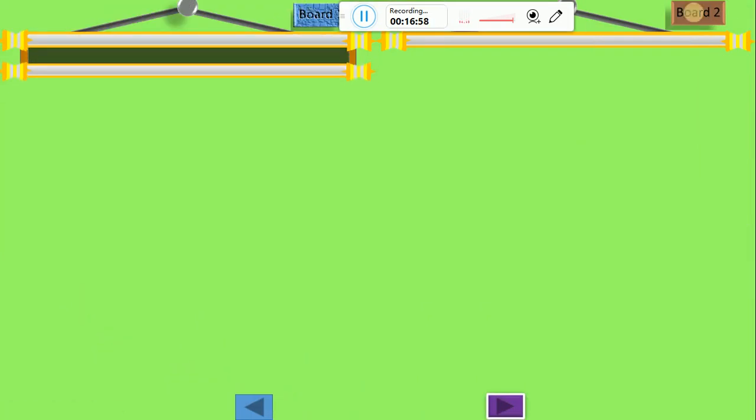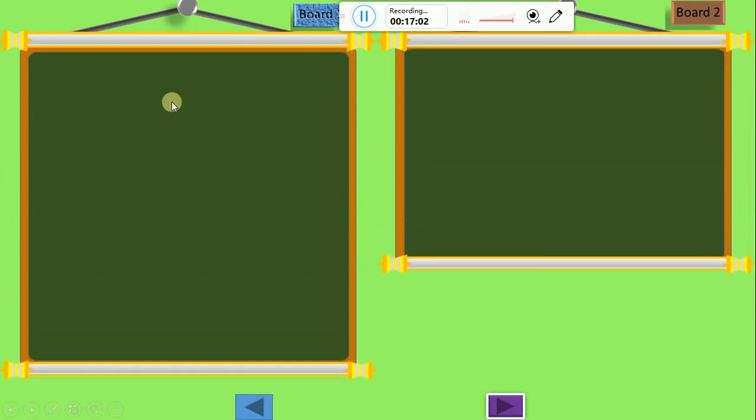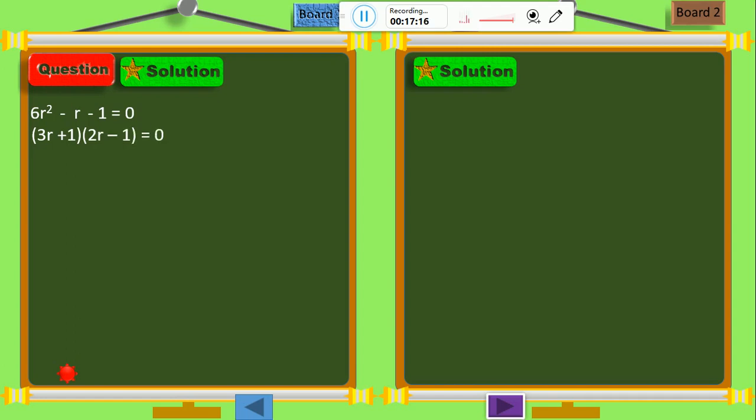Then on the next board, we now conclude the solution to that question. 1 plus r is equal to that. That gives us 6r squared minus r minus 1 is equal to 0. By factorization, that gives us (3r plus 1)(2r minus 1) is equal to 0. Then if 3r plus 1 is equal to 0, then 3r is equal to minus 1.